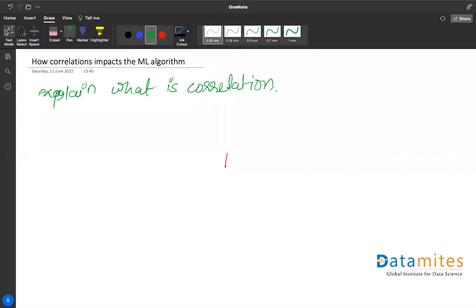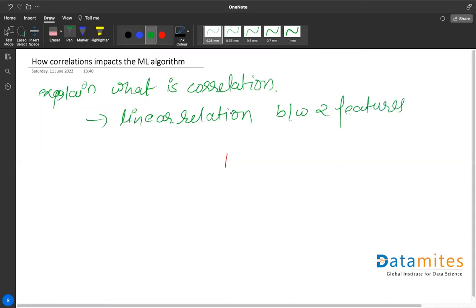Correlation is a relationship between two features. And in machine learning, it is a linear relationship between two features. You have to always remember this: correlation in machine learning is a linear relationship.